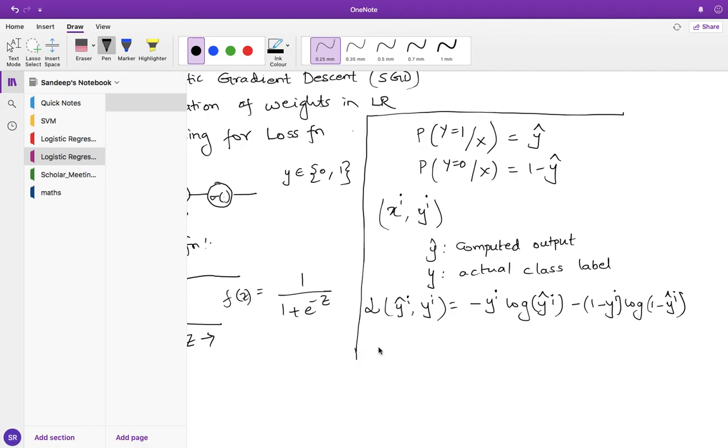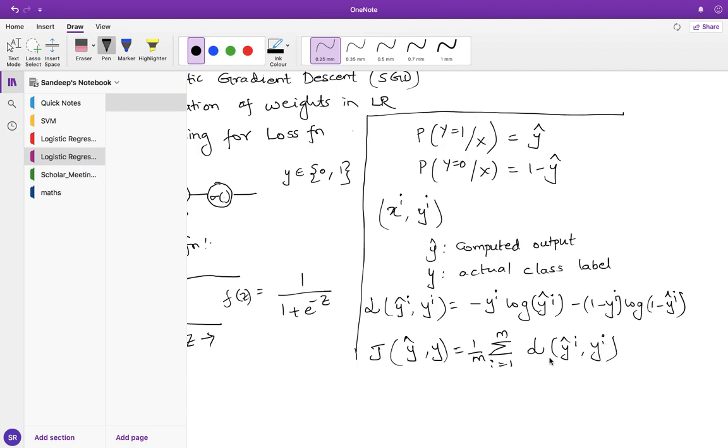There is also a term called the cost function, of y cap comma y. I'm not writing the ith here because it uses all the input and output data. So it is the sum for i equal to 1 to m, times 1 by m, of the loss function of yi cap comma yi.